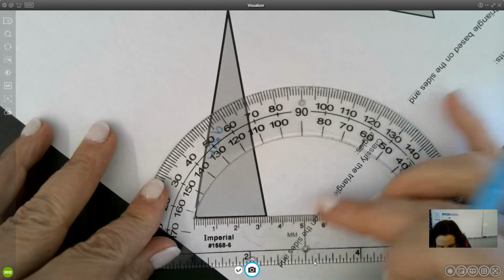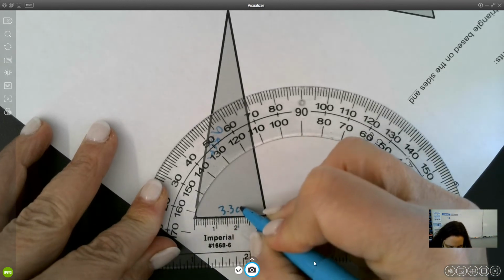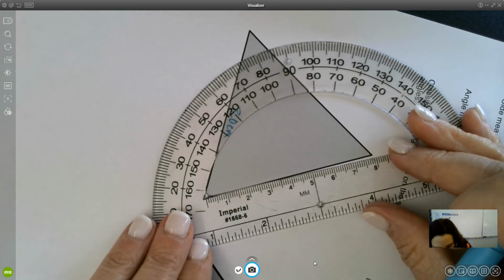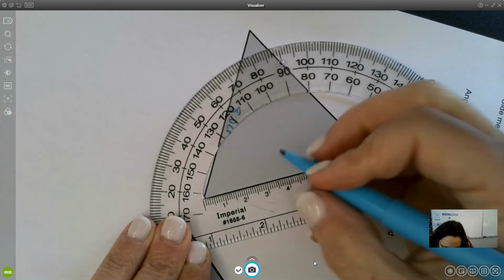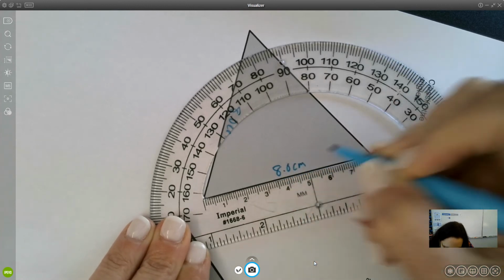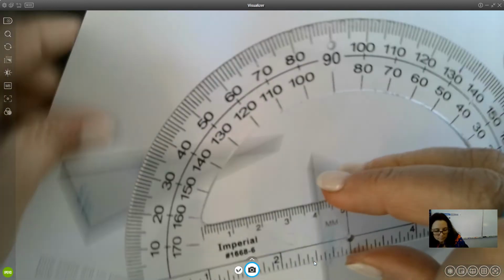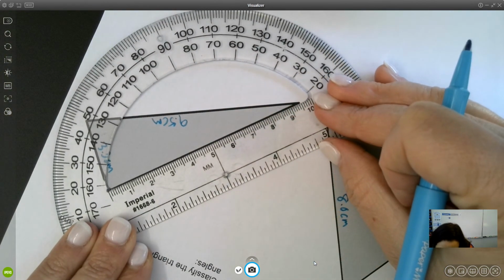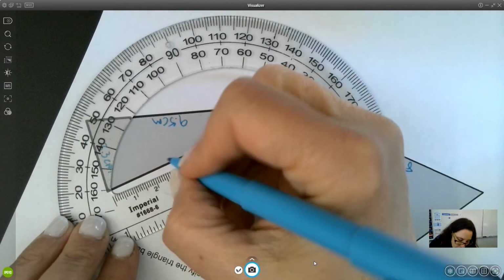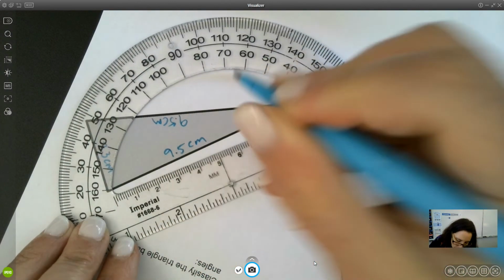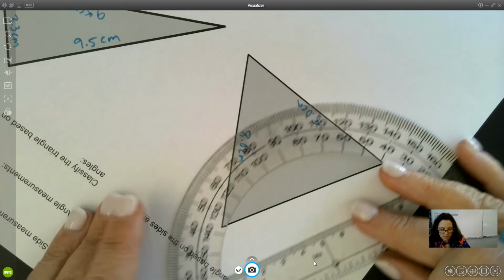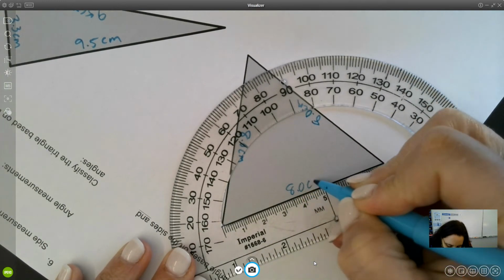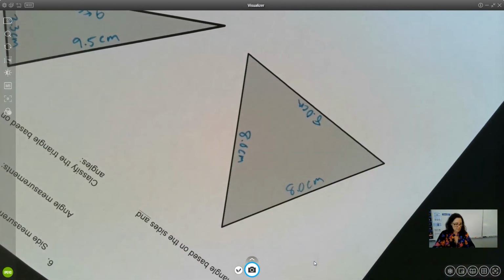I'm seeing about a 3.3 on this one. I'm seeing about an 8 straight up on this one. .5 and another 8. Okay, so I've got all my side measurements.